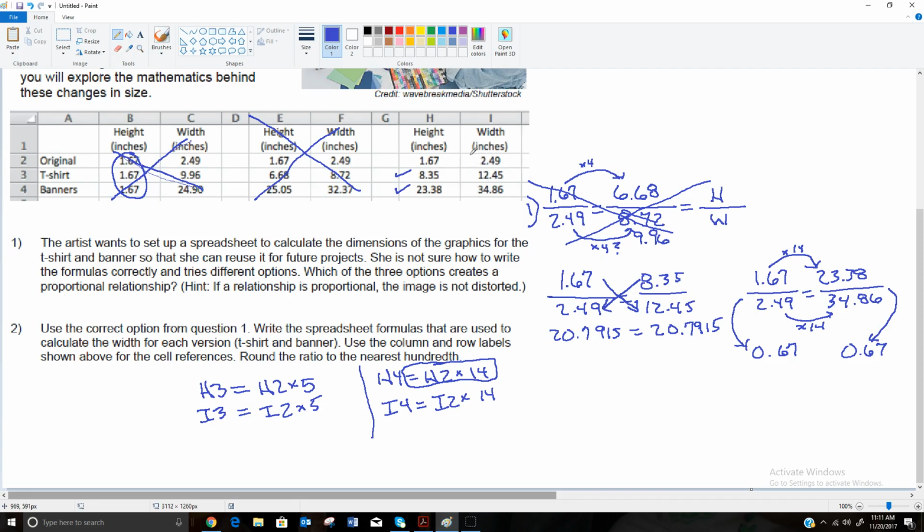They can let the spreadsheet calculate it for them. So they could just go back and say, okay, well, my original for this company is 2.2 by 3.1, and they could put those in there, and then it would automatically calculate those if they had this formula in the cell rather than actually putting the numbers in themselves.